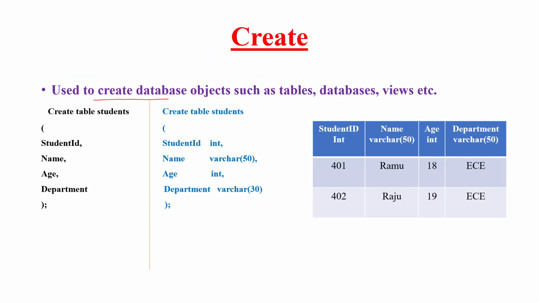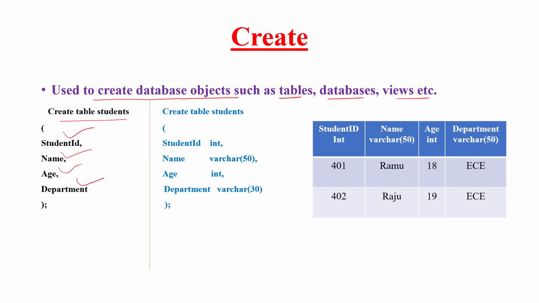Create command is used to create database objects such as tables, databases, views. For example, to create a student table, we can write the following SQL statement. Create table students with 4 columns: student ID, name, age, department.